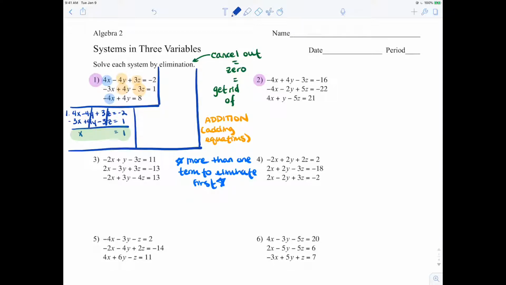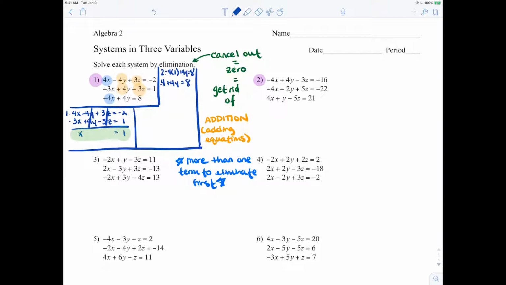I'm done with that. And then I'm going to use my x value in the easiest possible way to find another variable. And I see that the third equation is going to be the easiest. So step number 2 is to substitute into the third equation: negative 4 times 1 plus 4y equals 8. Well, negative 4 times 1 is negative 4 plus 4y equals 8.